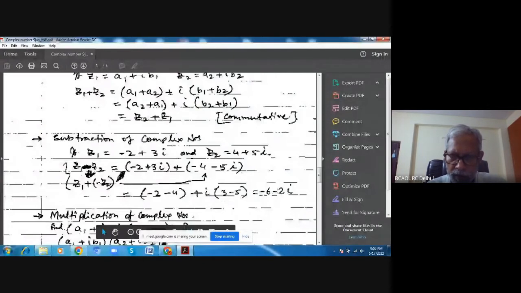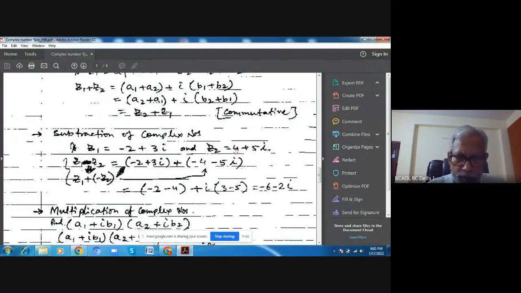So I did -6 and 2i. So -5, right? And it is 2i. Okay, I think it is 2 plus 4 is 6, minus 6, and here it is -2. So far we have discussed addition and subtraction. This is the way you have to do it. Simply, the real part goes in one bracket, and the imaginary part in the other.